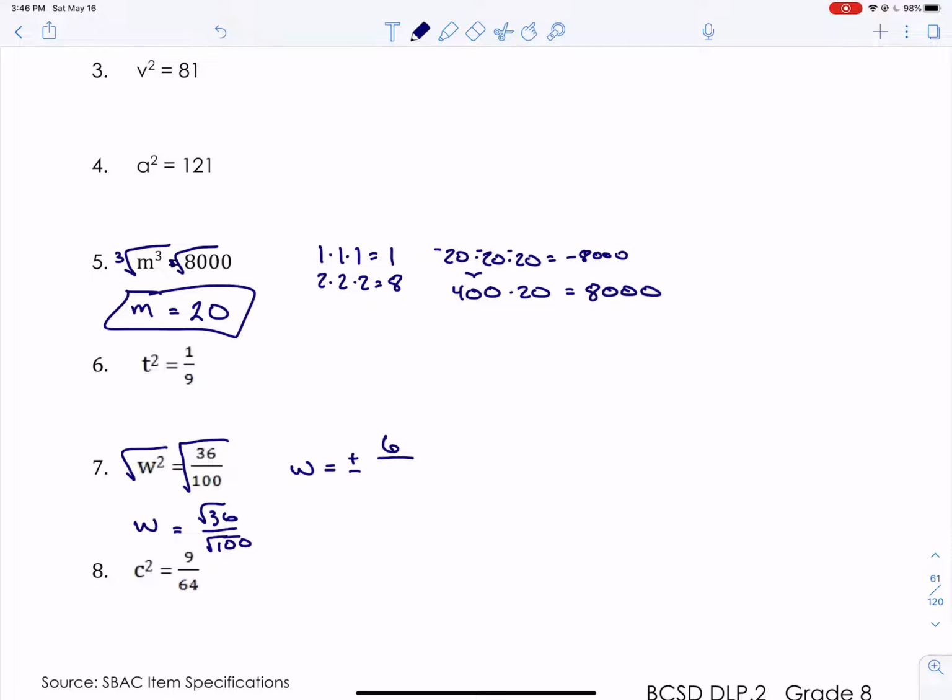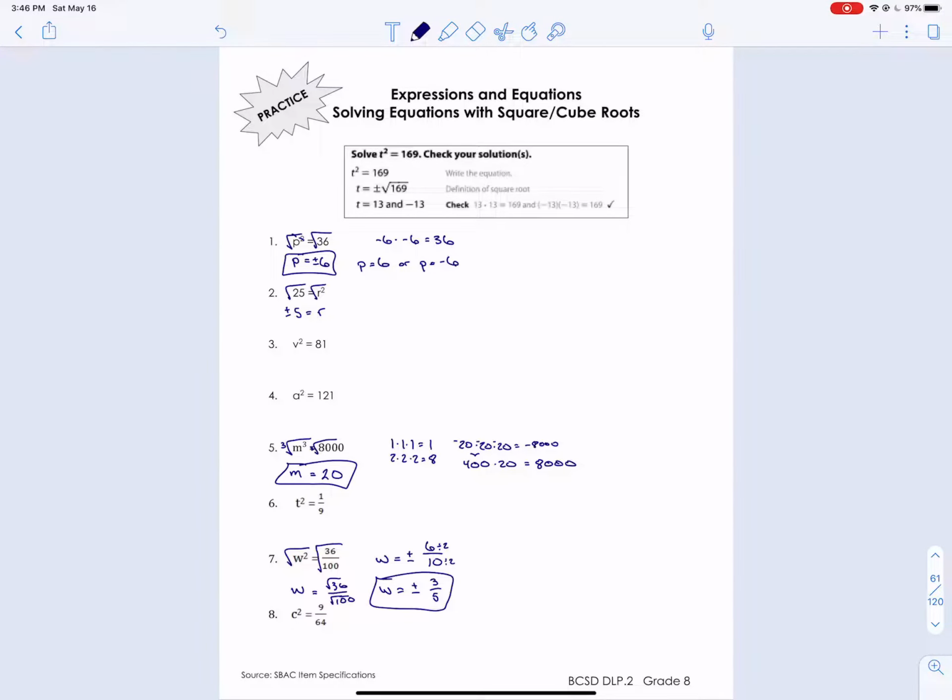The square root of 100 is 10. So plus or minus 6 over 10. Now, can we simplify 6/10? If we divide the numerator by 2 and the denominator by 2, we get w equals plus or minus 3 over 5. And that's our final answer. So with fractions, we just have to do it for the numerator and the denominator.